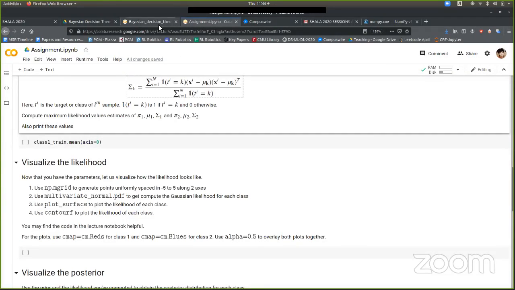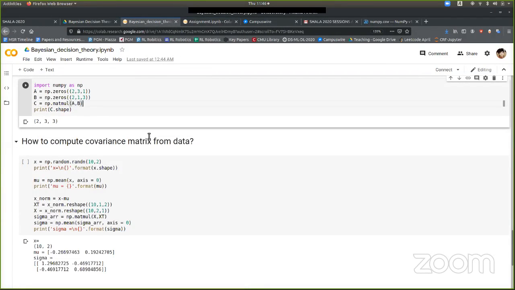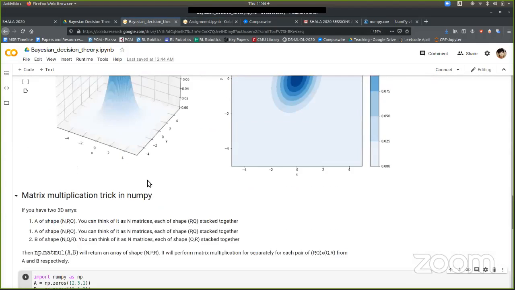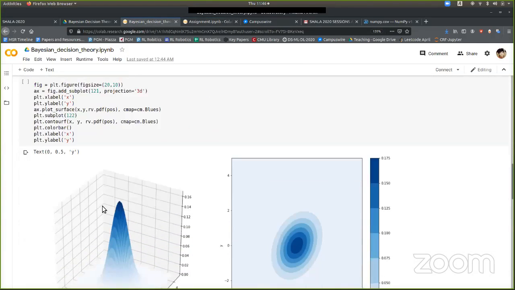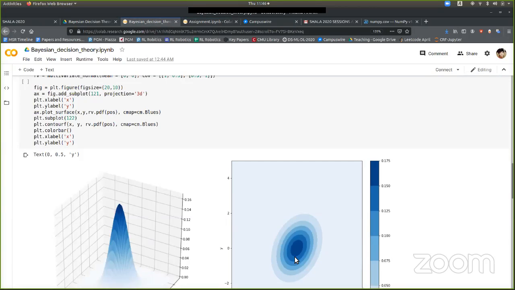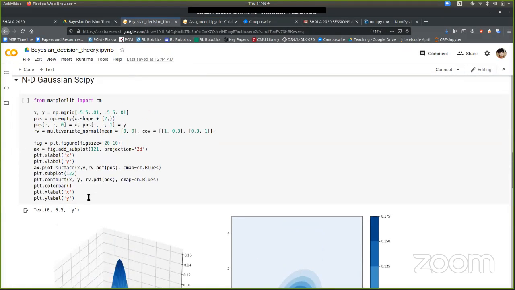To help you, the notebook we used for the lecture already generated a surface plot and contour plot, and you can use the same code. What you have to change is the mean and covariance being passed: use the ones you computed in the previous section, mu1 and sigma1, and mu2 and sigma2.